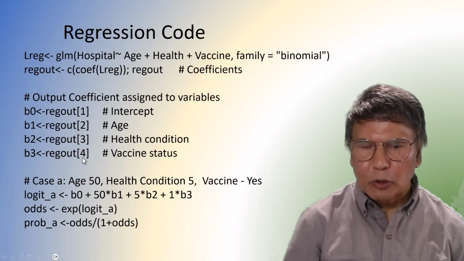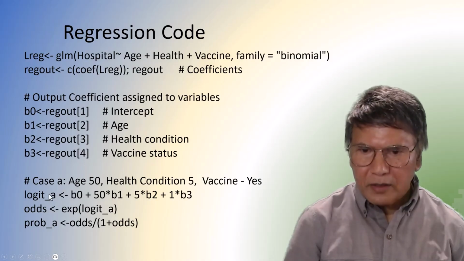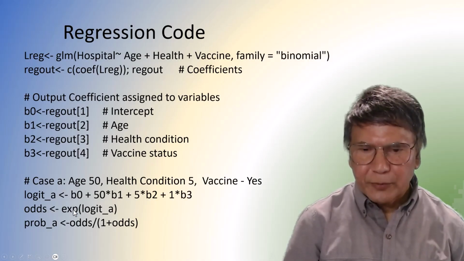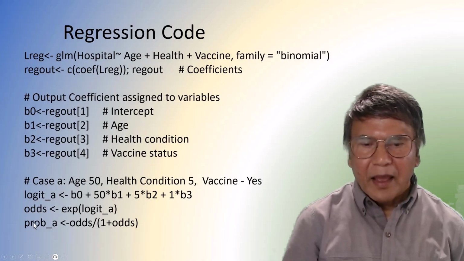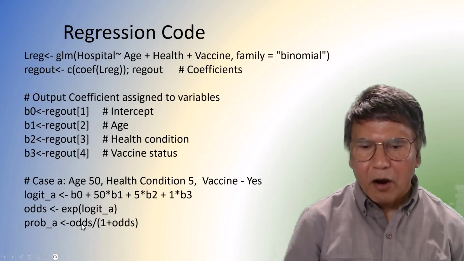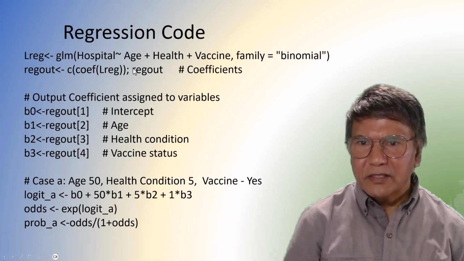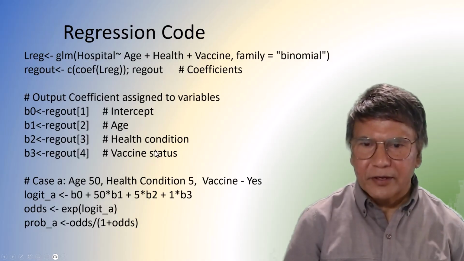That gives you the log odds. You can get odds using the exponential, the exp function, which is e to the power, and probability now becomes odds over 1 plus odds. So this is the key of the regression code.